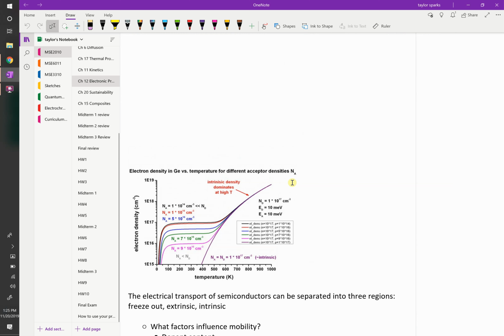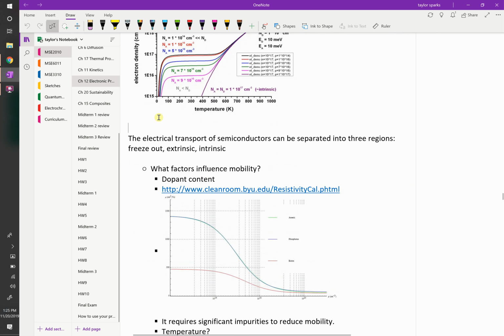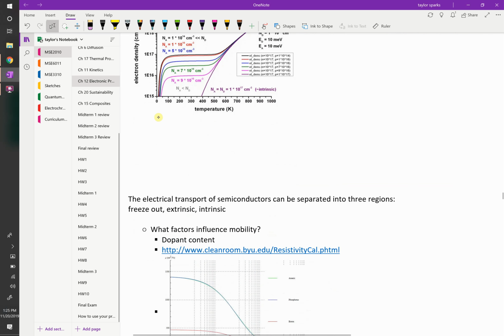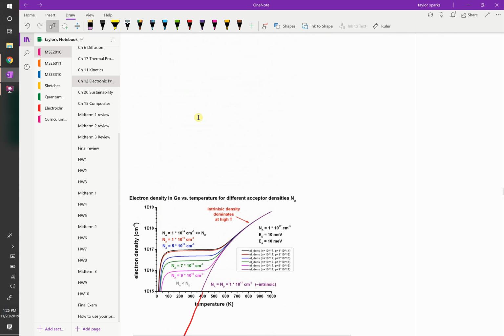It looks flat because we're on a log plot, and the intrinsic is technically still increasing. If we were to extend this graph out, it's technically still increasing, but it's tiny. The observed conductivity doesn't look like it's changing in this region. It technically is. It's just really a slow increase over that region.